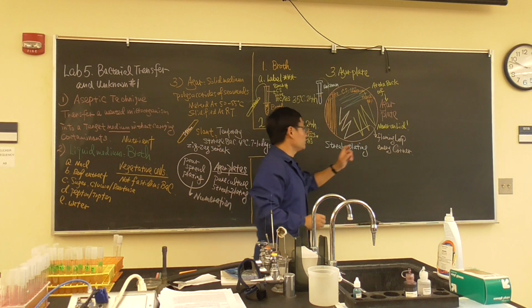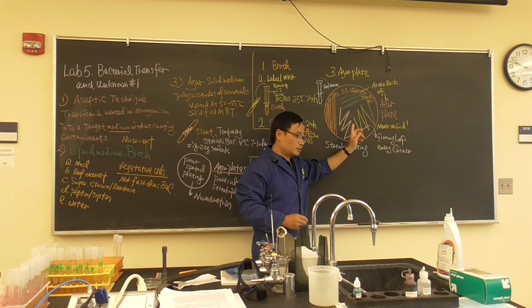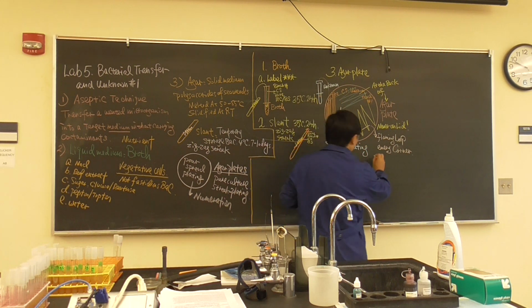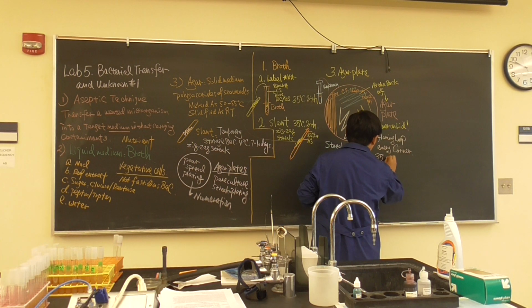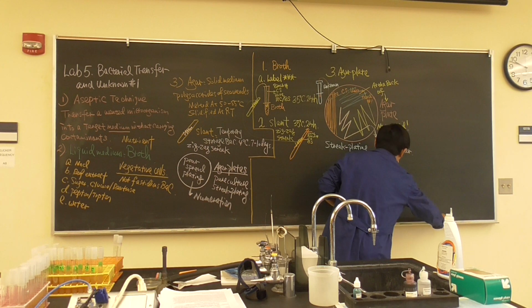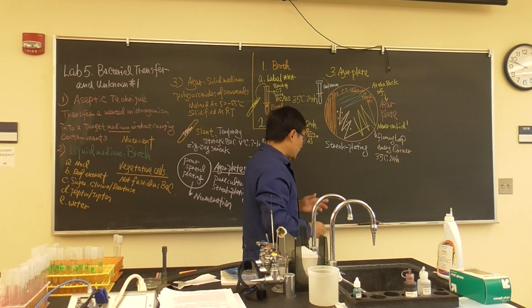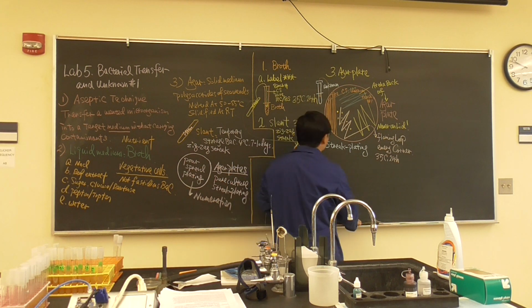And this is very important. You have to flame the loop, because these plates will be incubated at 35 degrees Celsius for 24 hours. Ideally, you should see a single colony like here, like this, like that. And ideally, you should also see two different colonies on the agar plates, of different color.